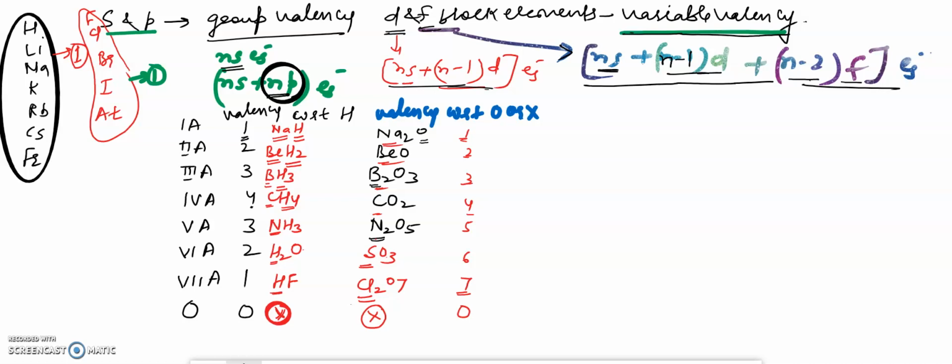Oxidation number or charge both are one and the same thing, and electrovalency will always be numerically equal to the oxidation number or charge, but covalency may or may not be equal to oxidation number or charge. And one more point I have told you, elements will always show 0 valency.